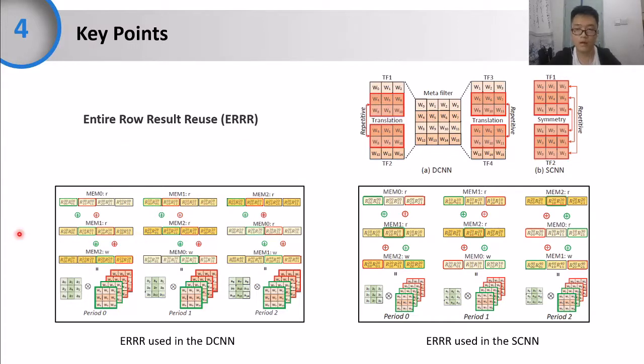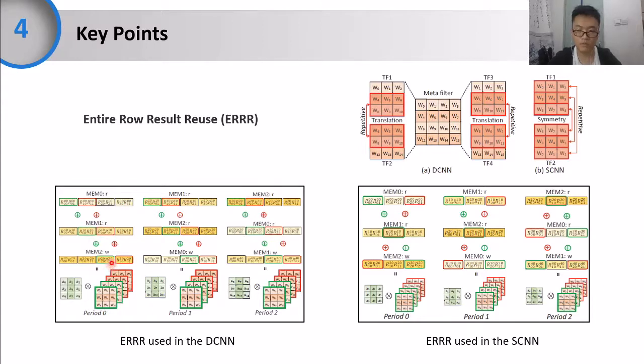In our architecture, the activation will be processed row by row. For example, in a 3 times 3 count process, one activation row will be counted with 3 row weights. So their results will be stored in memory 0, and the second activation row counted with the 3 row weights will be stored in memory 1.